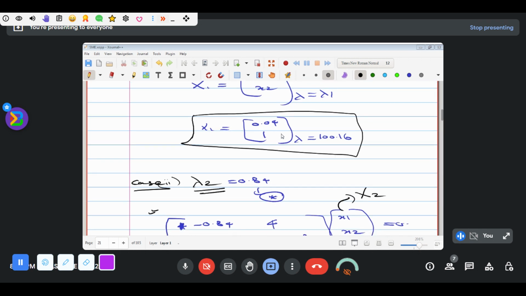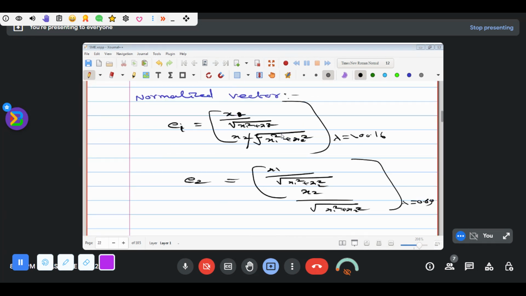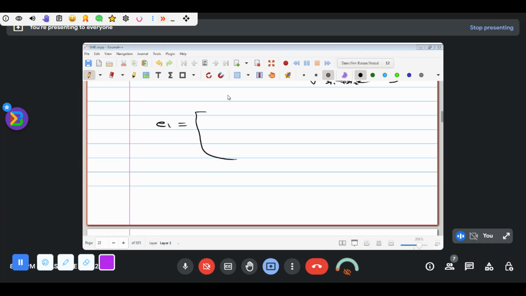So the first result is 0.04 divided by root of 0.04 square plus 1 square, and the next result is 1 divided by root of 0.04 square plus 1 square. Then what is the end result? E1 equal to what?